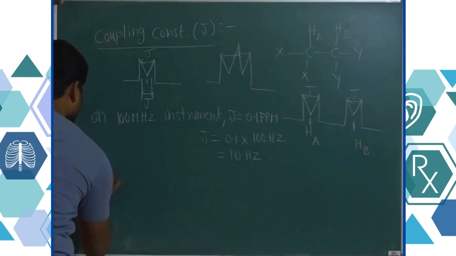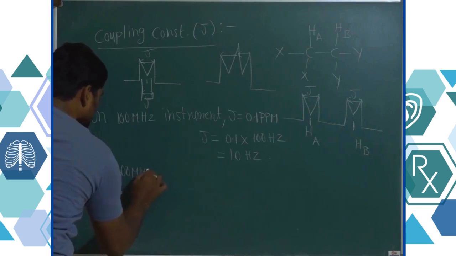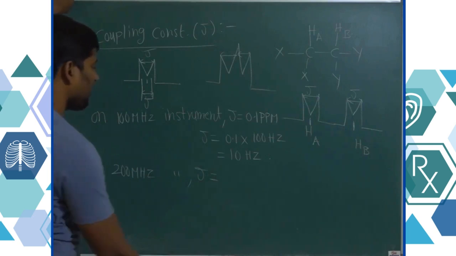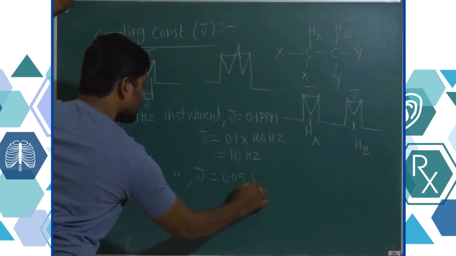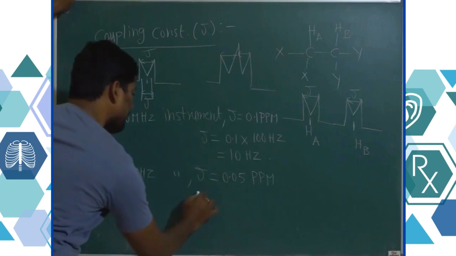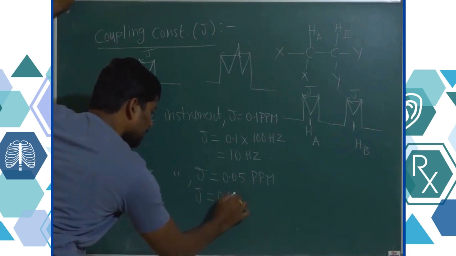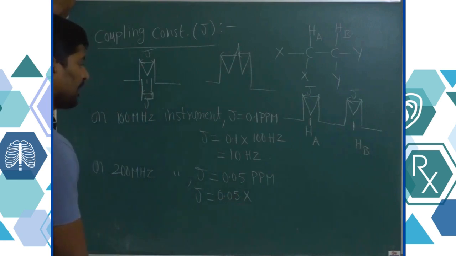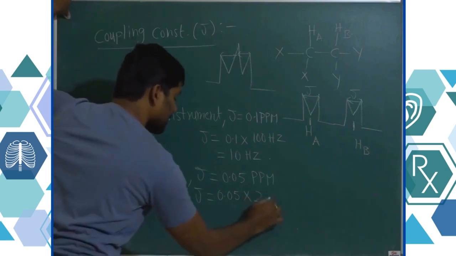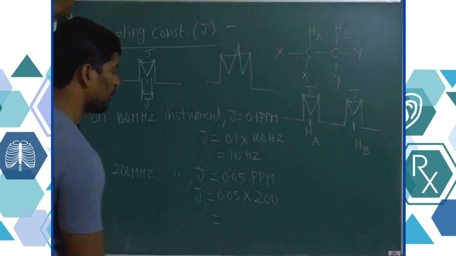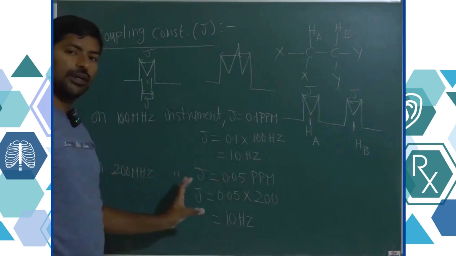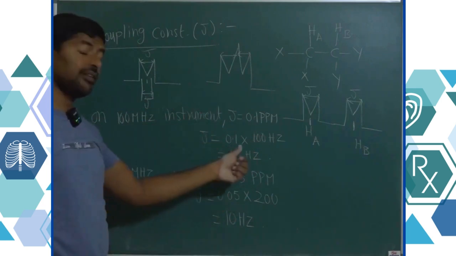And if you take a 200 megahertz instrument, the J value we may get is 0.05 ppm. In ppm it changes. So in Hertz, if you calculate 200 into 0.05, again what do we get? 10 Hertz only. In ppm it changes, but the coupling constant in Hertz remains constant.